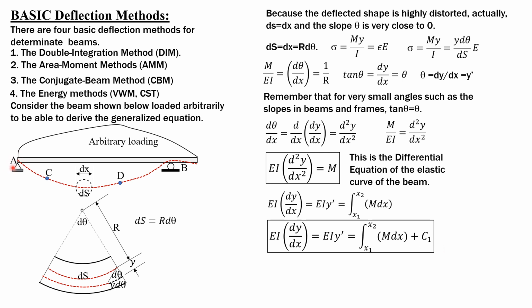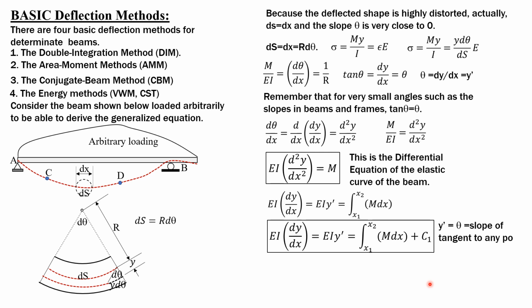So it may be point A as the origin. Then if the left support is a pin or a roller, then there will be slope at that origin. If point A is fixed, then the slope of the tangent to the fixed support is horizontal, so it is 0. So therefore, that will only be 0.